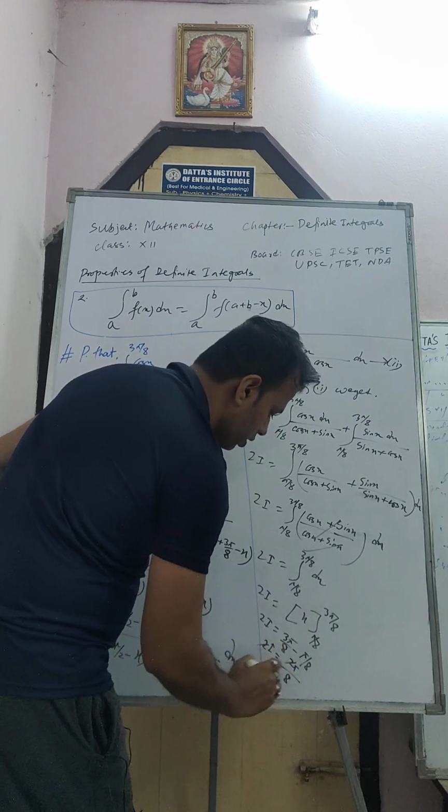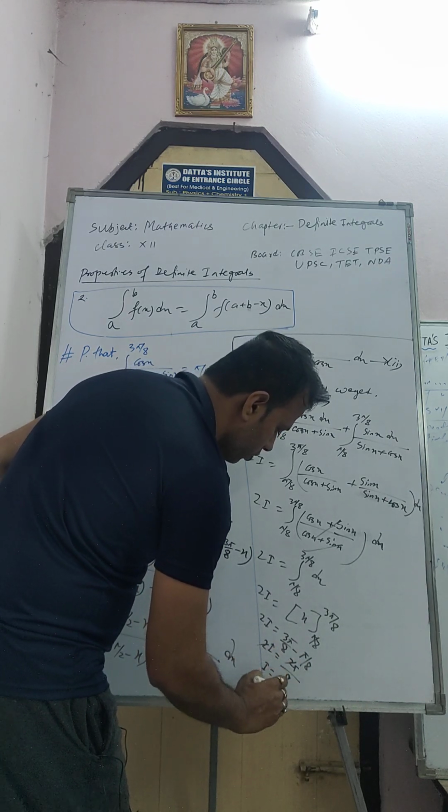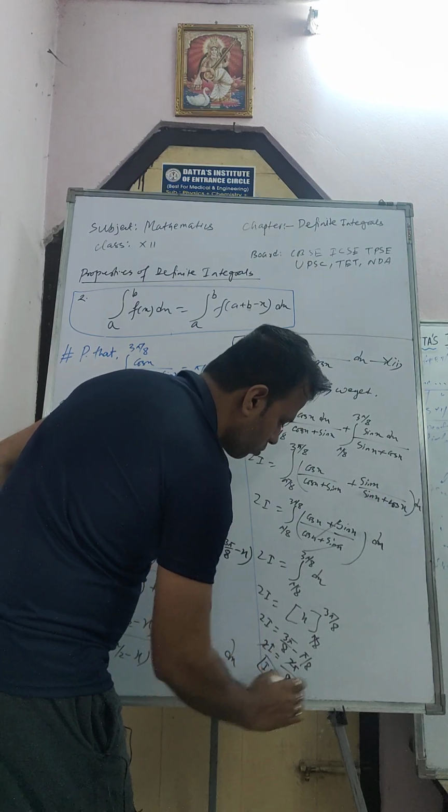The 2 will cancel out, so I equals pi by 8. Hence it is proved.